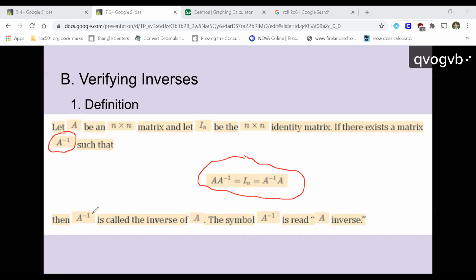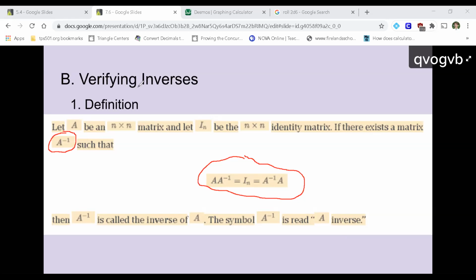It's unfortunate that that notation is also used for A to the -1 power, but it's not. A with this superscript -1 is read as A inverse, not A to the -1 power, even though that is exactly what it looks like. Okay. Anybody need more time on this slide?